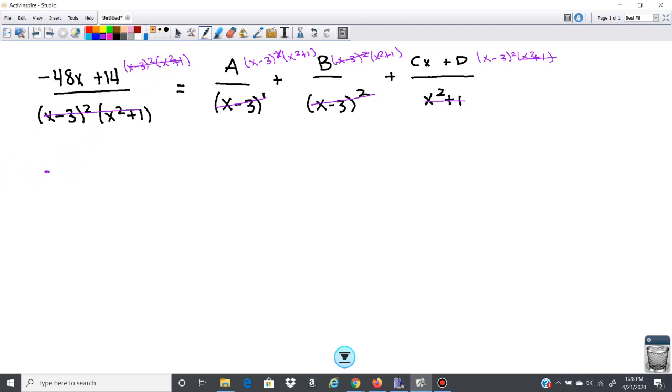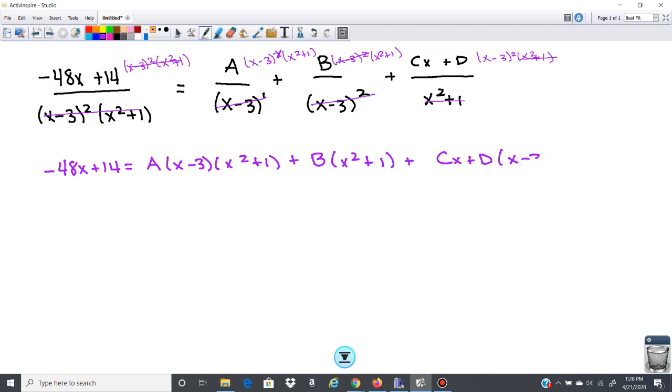So now what I'm left with is negative 48x plus 14 equals A times x minus 3, x squared plus 1, plus B times x squared plus 1, plus Cx plus D times x minus 3 squared. And that Cx plus D is a binomial, so I'm going to put parentheses around it.